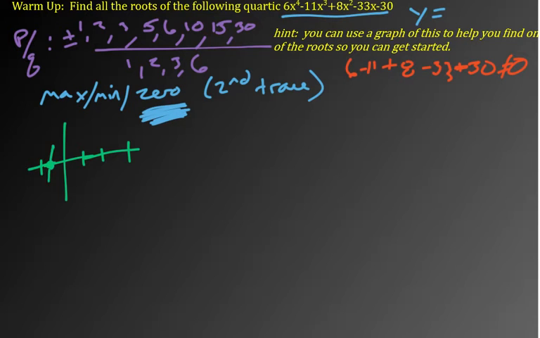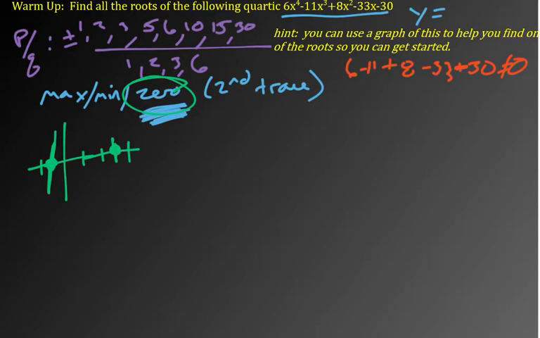You'll see it crossing there. And then another one is going to be around here. You'll see another crossing point. And it's doing some other stuff in between. It doesn't really matter. But if you found either of those using the 0 command, they're actually going to be rational roots, which is nice.